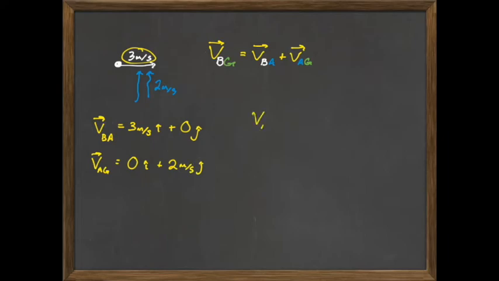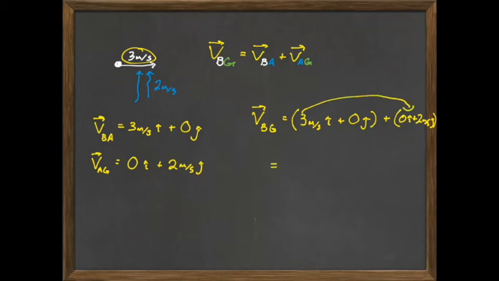So that means the velocity of the bird to the ground would be the sum of these two vectors. So the bird relative to the air plus the air to the ground. Now again, if we add vectors, we can only add like terms.